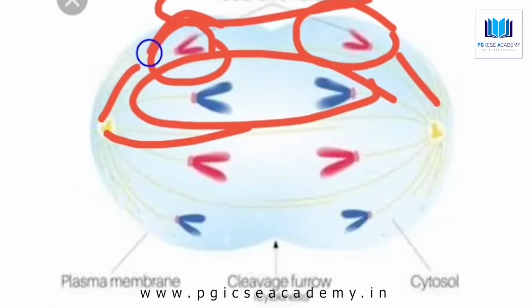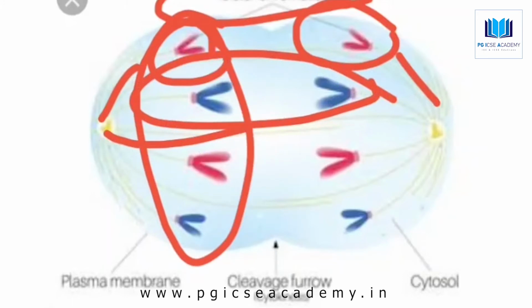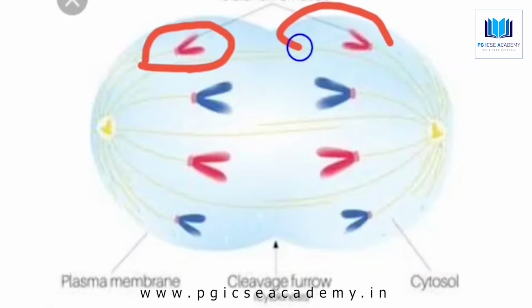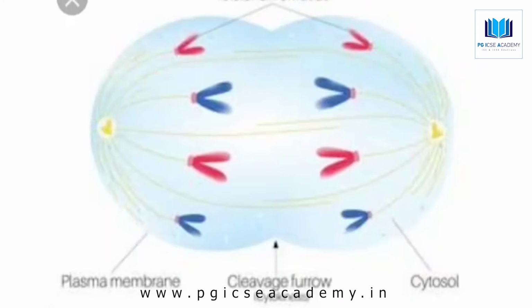They do not go in one line but they go to opposite poles. That is, if the lower part of the spindle fiber is this, then the upper part of the chromosome gets attached to this spindle fiber. Let's go to the last phase of mitosis, that is telophase.